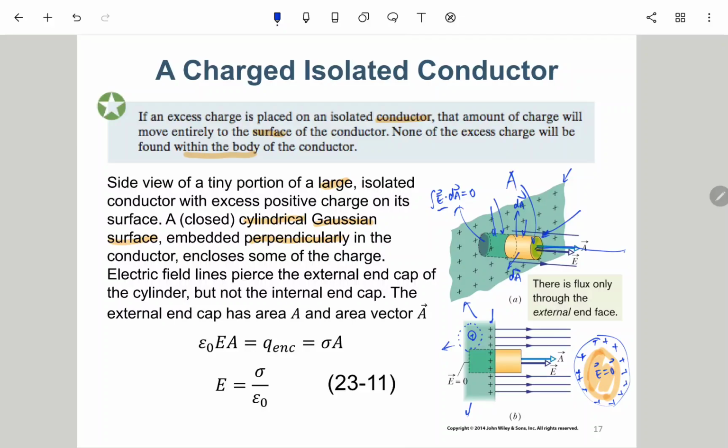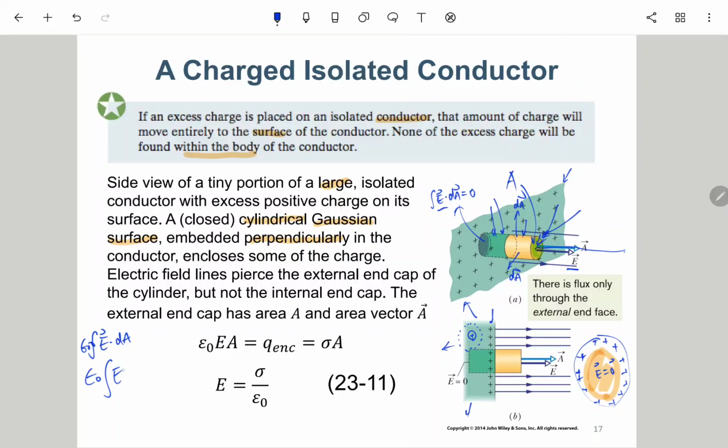That circle. We assume the E field is perpendicular, so it will be parallel to dA, and they are pointing in the same direction. So we have epsilon naught times the integral of E dot dA over that area.